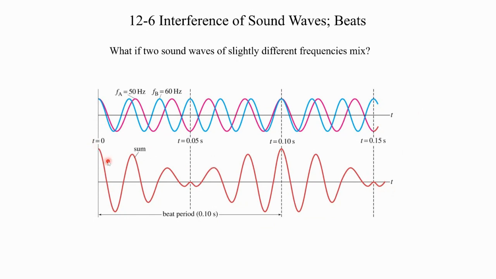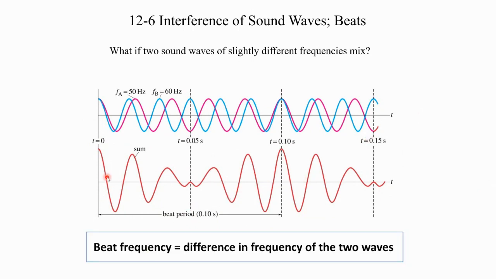And so you see that it's loud for a moment, and then silent, and then loud, and then silent. You get this sort of wah, wah, wah effect. And the period of the beats, as depicted here, the beats being the envelope of this added signal, in this case is 0.1 seconds.